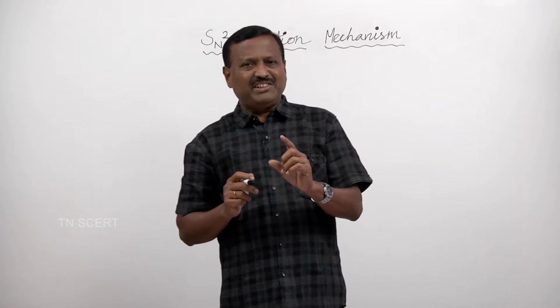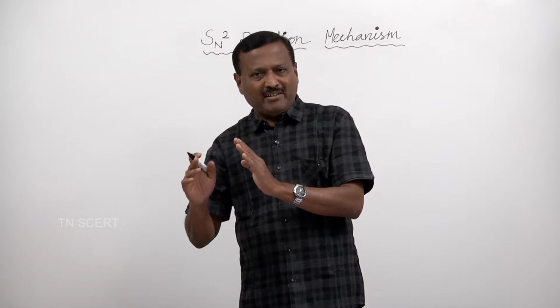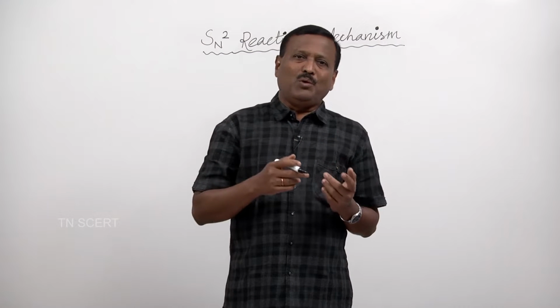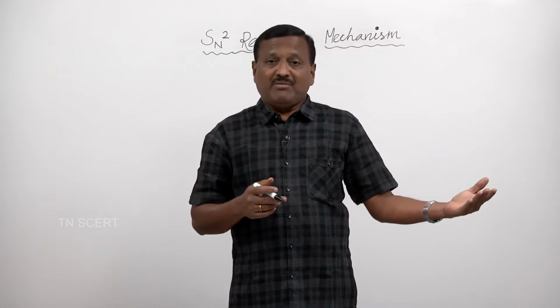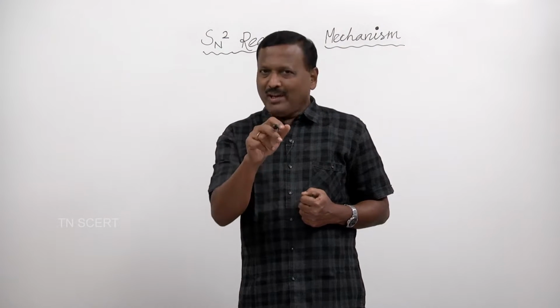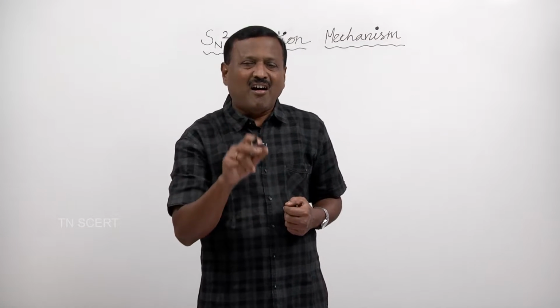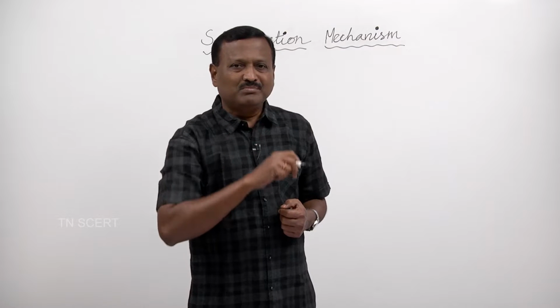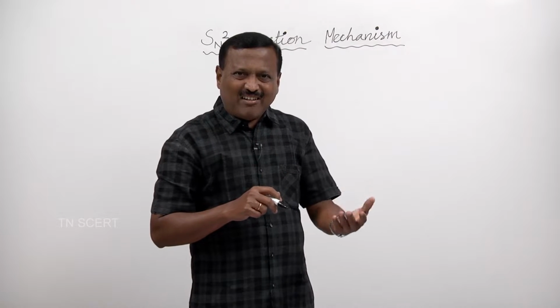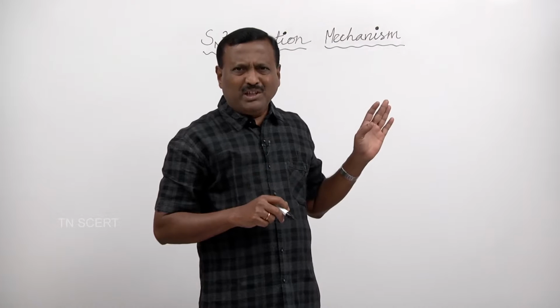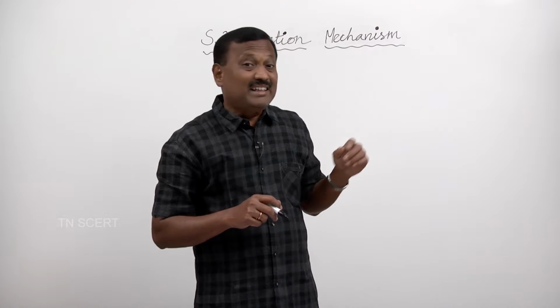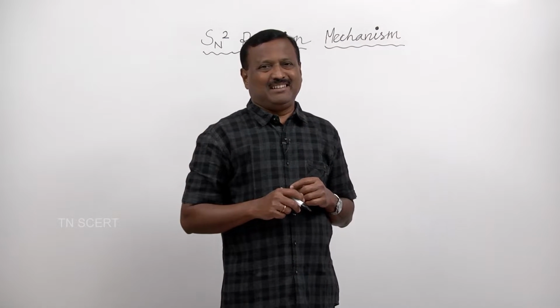So, the concentration of both substrate, that is alkyl halide, and nucleophile depends on the rate of a reaction. Not only that, for those reactions the order of the reaction is 2. It is a second order equation. Those reactions are called SN2 reactions.